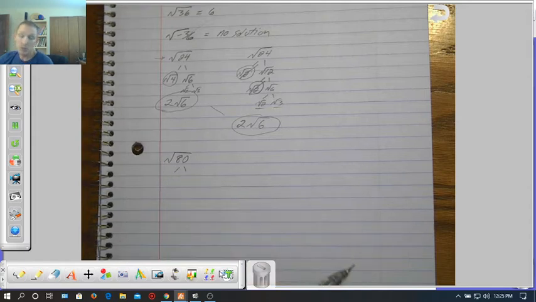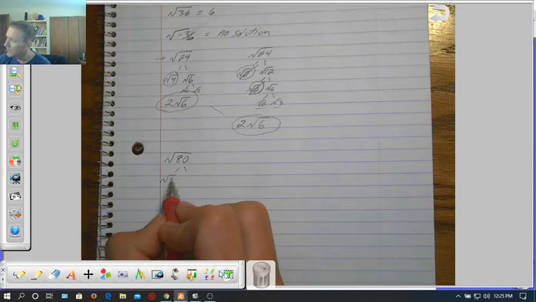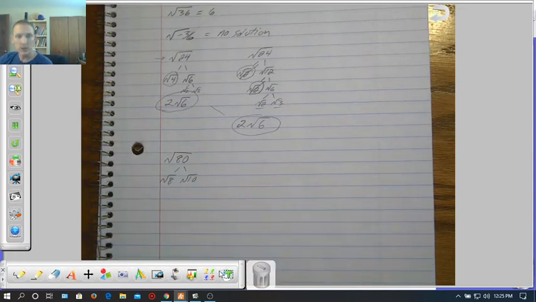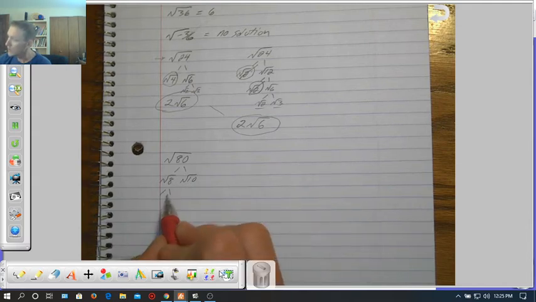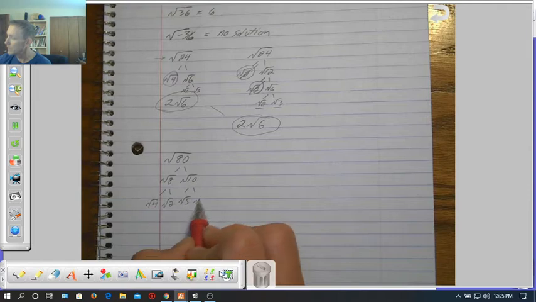And whatever comes to mind is going to be different for each person. For me, I think of 8 and 10. Now 8 and 10, neither one of those is a perfect square. So I'm going to break it down further into 4 and 2. And I'm going to break the 10 down into 5 and 2.